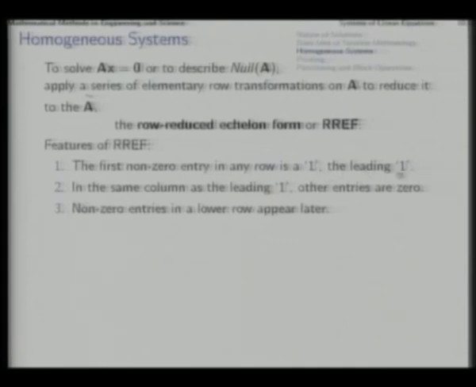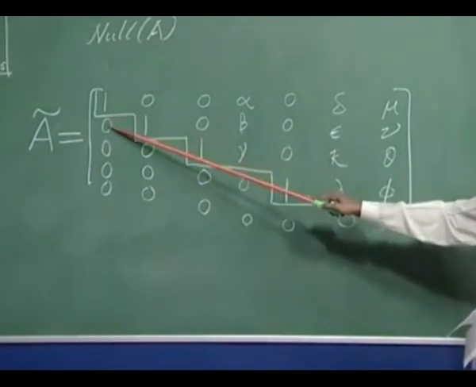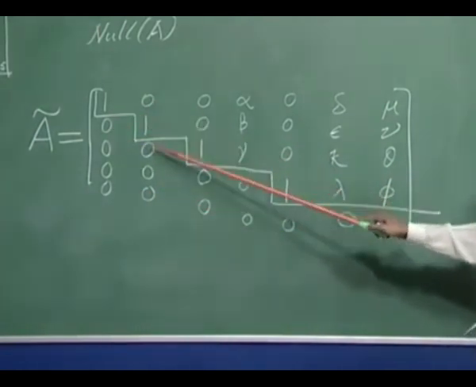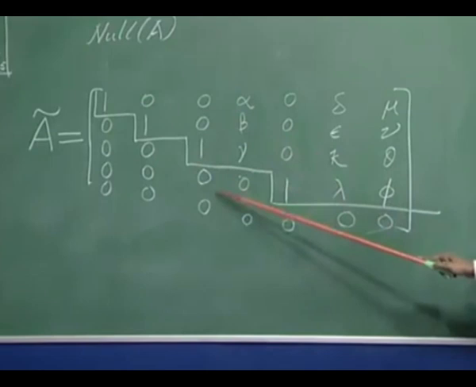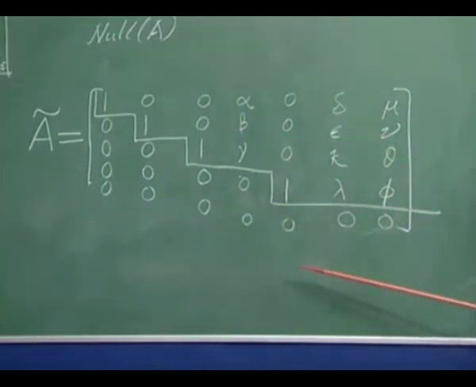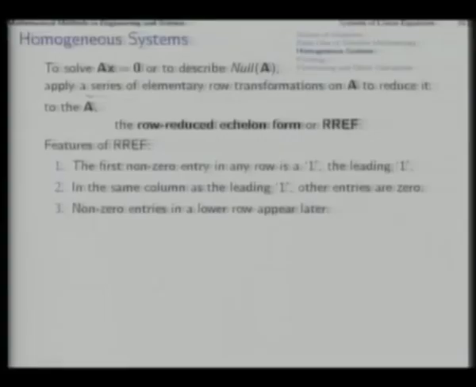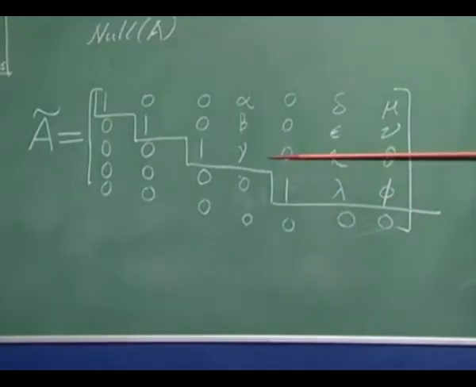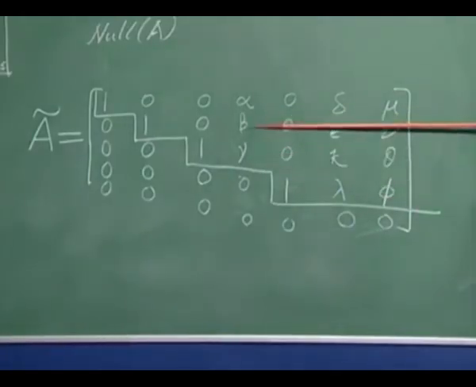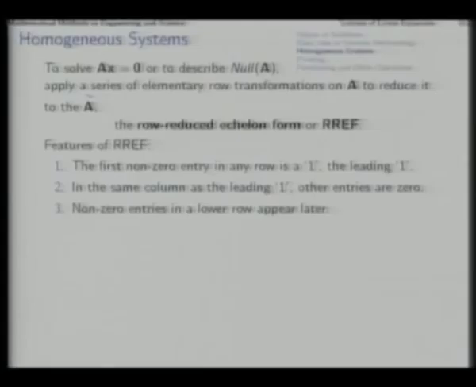The second feature is that in the same column as the leading 1, other entries are 0, above and below. The third feature is that non-zero entries in a lower row appear later. The non-zero entries in this row will appear later than in this row, and so on. So, with these three features we have got the row reduced echelon form.